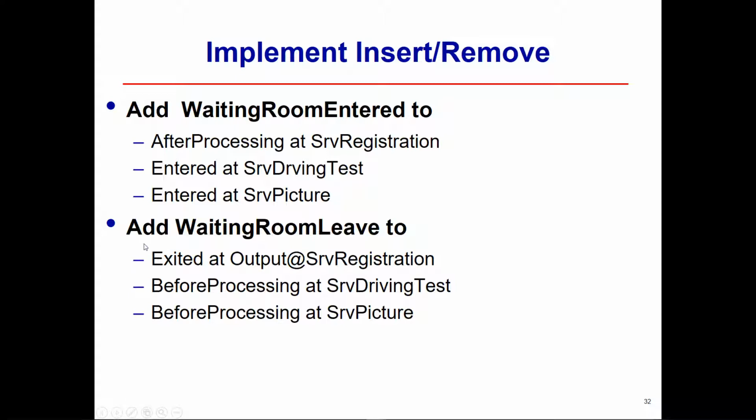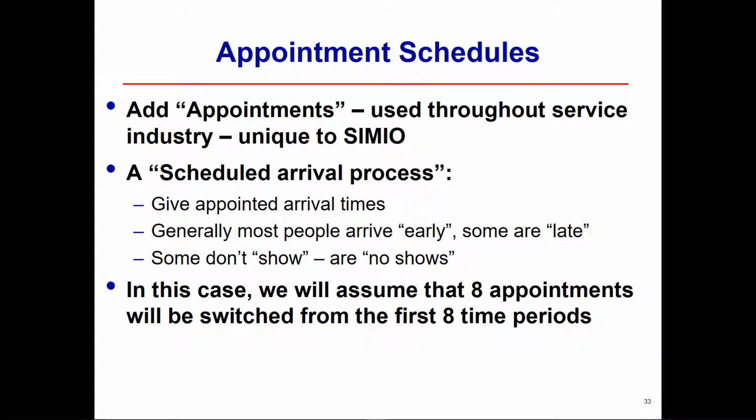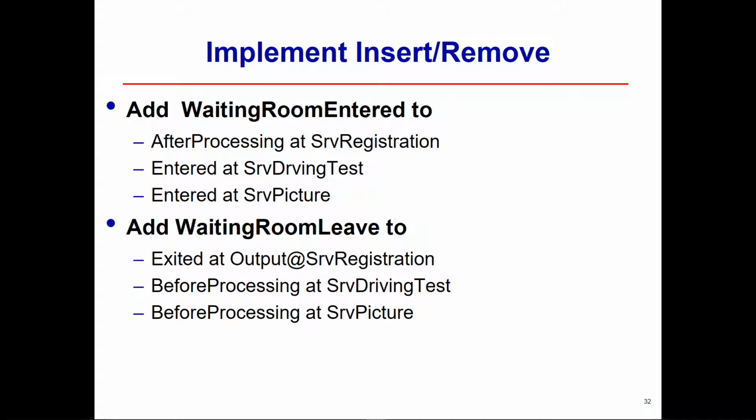Also adding a remove from the waiting room when the applicants exit, output of the registration, before process after the driving test, and before process of the picture taking. So, all right, let's do this in the model.